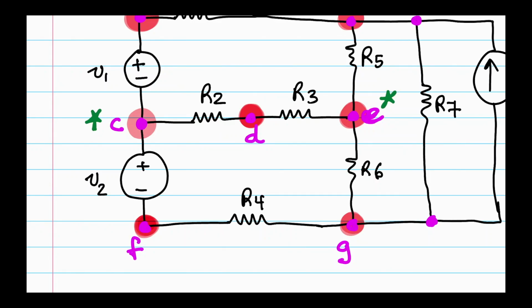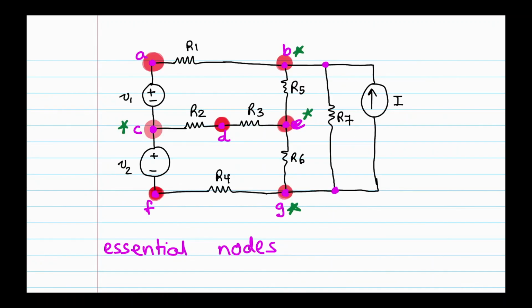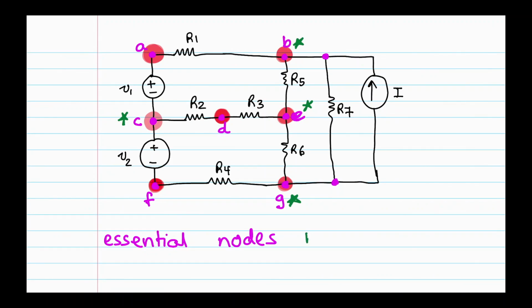Because there is 1, there is 2, there is 3 and 4. 4 circuit elements meeting at G. Hence, it is indeed an essential node. So the essential nodes are really B, all the ones that I have shown with a star, C, E and G. These are the essential nodes. Simply more than one circuit elements are meeting there.